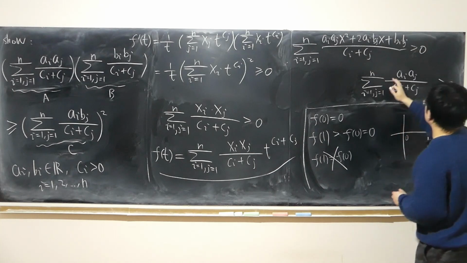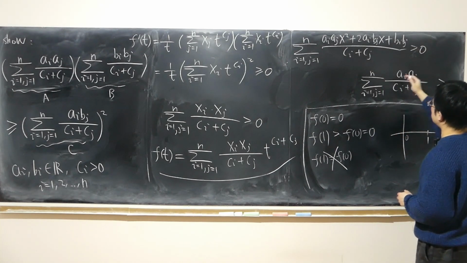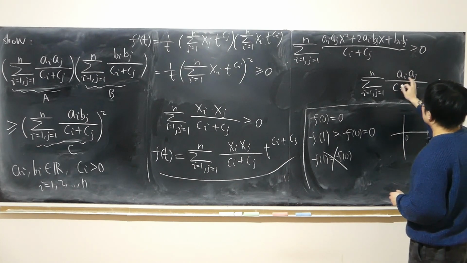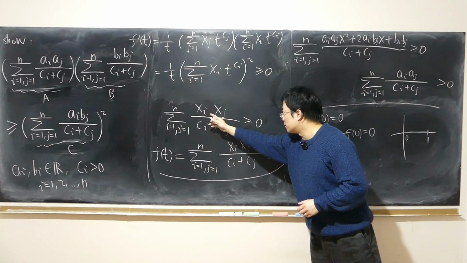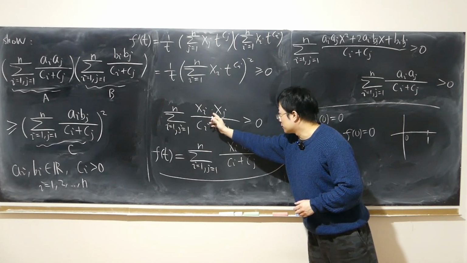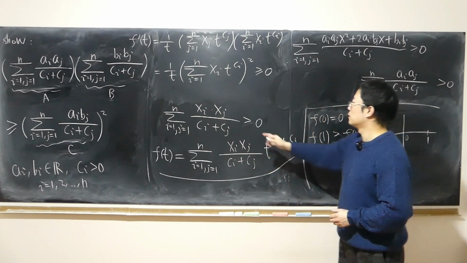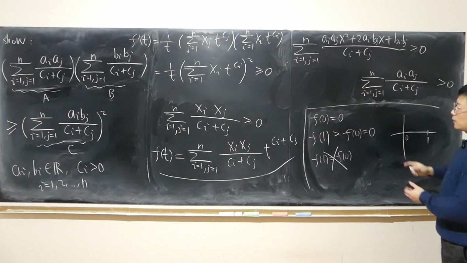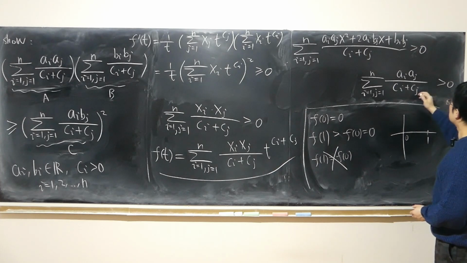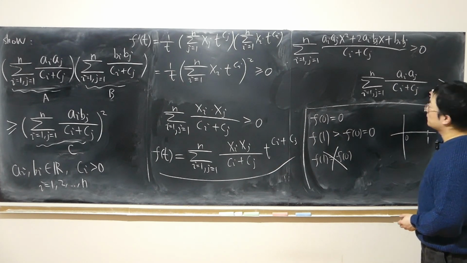And also, this is automatically true as well, because this is essentially the same as this one. Just some product of two random real numbers, ai aj. Same idea, still strictly positive.